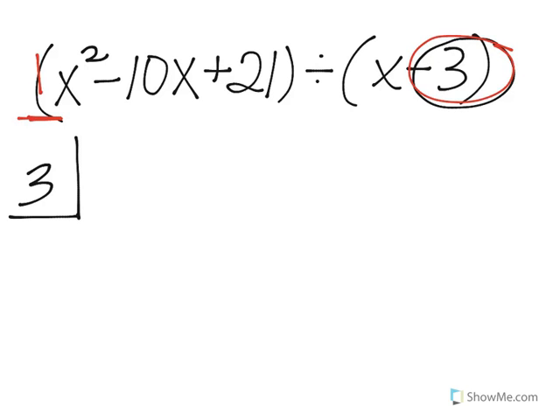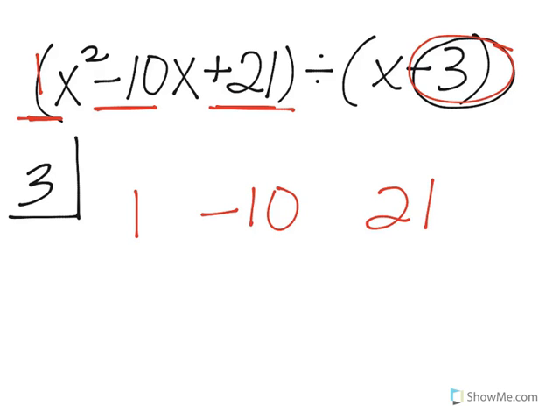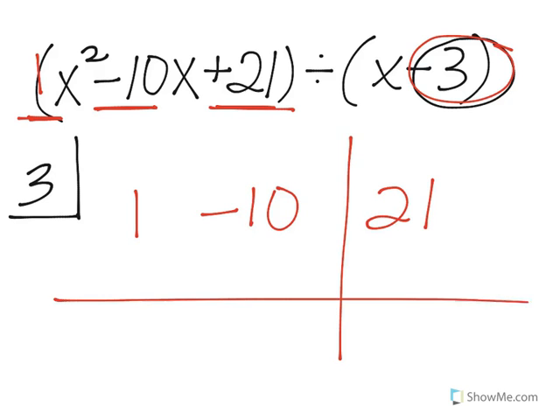So we have a 1 here, a negative 10, so don't forget that sign, that minus sign is a negative, and a plus 21. So I have a 1, negative 10, and a 21, and I'm going to draw a line like this.